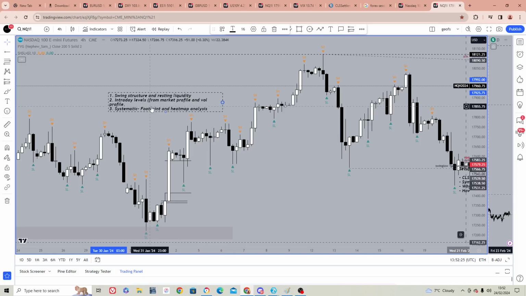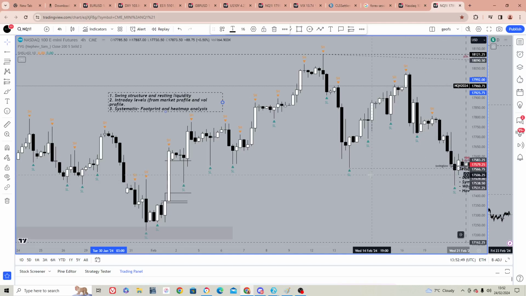Okay, so where are we at? This is a chart of the NQ futures. It's on the 4-hour time frame, and I want to talk about a trade that occurred early morning on the 21st.